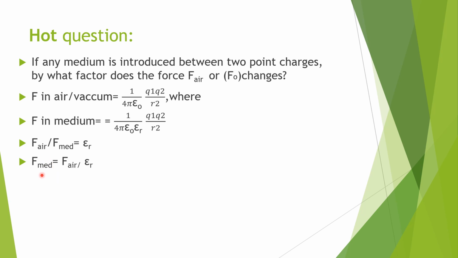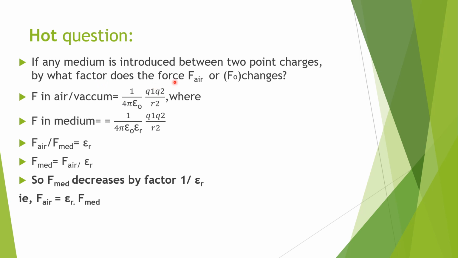That means F medium is equal to F air divided by epsilon R. Usually the value of epsilon R, I have told, is greater than 1. That means F medium reduces compared to F air. If initially the force of interaction in vacuum is F air, then when a medium is introduced it reduces by a factor of 1 by epsilon R. The question is by what factor F air changes.